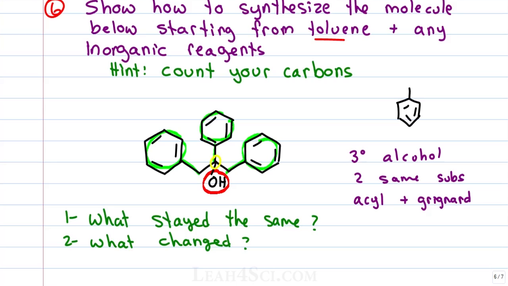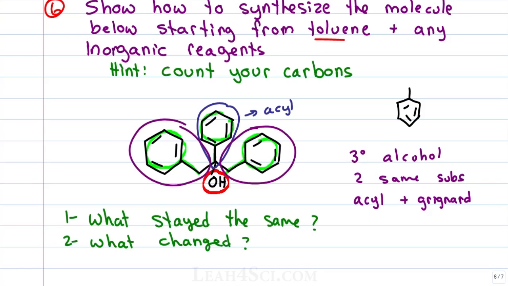Given that this carbon here is the one that's holding the oxygen, and the acyl group has oxygen, that had to come from the acyl portion of the molecule. This toluene has to be turned into an acyl group, and the 2 identical substituents that are attached had to come from a Grignard. So we want to turn these 2 toluenes into Grignards.